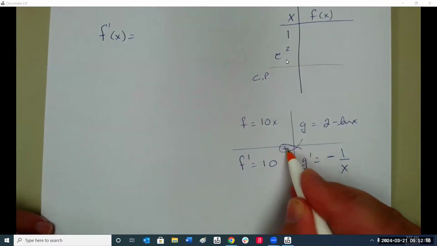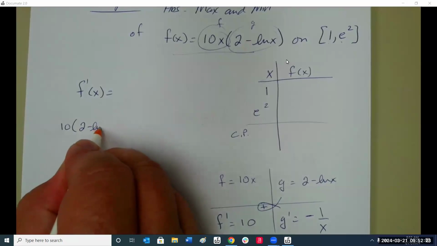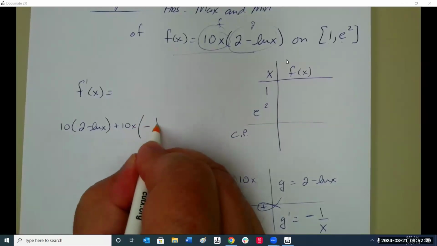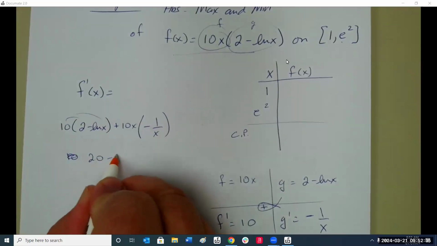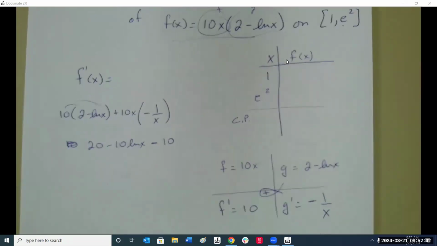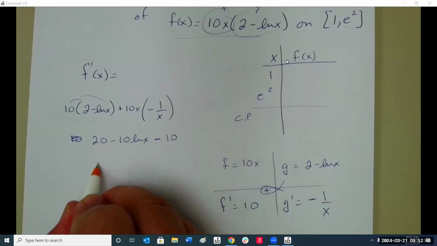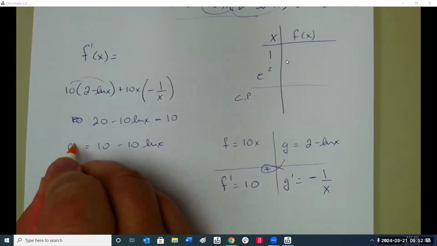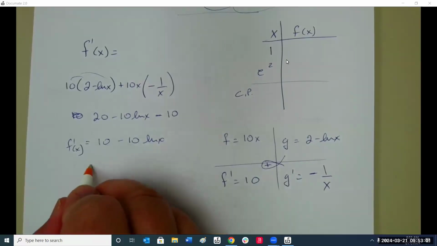Since it's a product rule, we add. So this becomes 10 times (2 minus ln x) plus 10x times negative 1 over x, which makes it 20 minus 10 ln x minus 10, because the x's cancel. 20 minus 10 is 10, so we get 10 minus 10 ln x. We can factor out a 10.